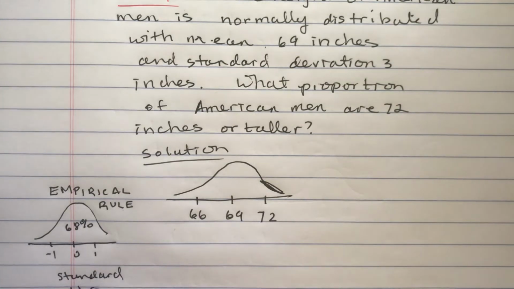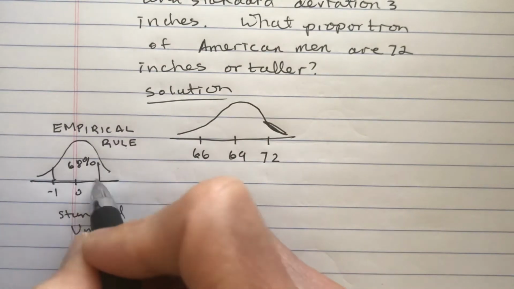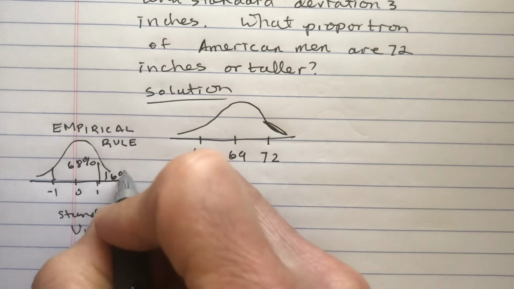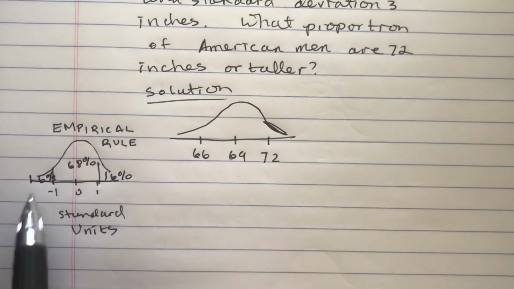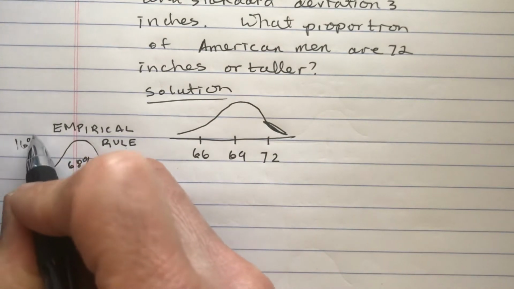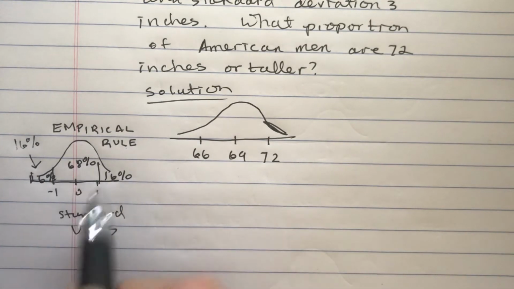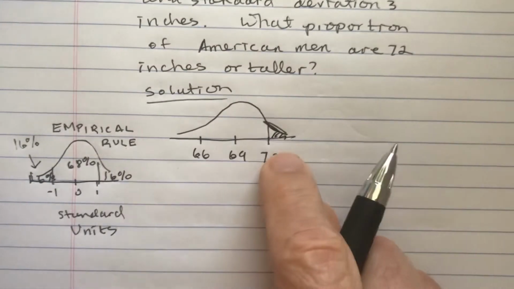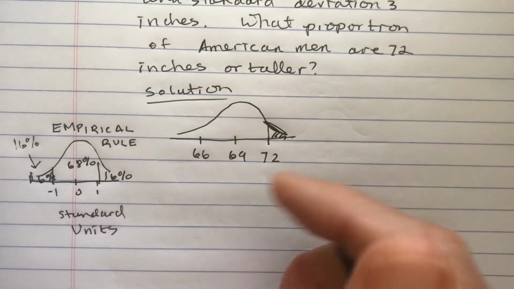If you take 100 minus 68, you get 32, and half of that makes 16, and that goes in each of these tails. 16 plus 68 plus 16 makes 100%. So we're looking at the area above 72. Well, 72 is 1 standard deviation above the mean.